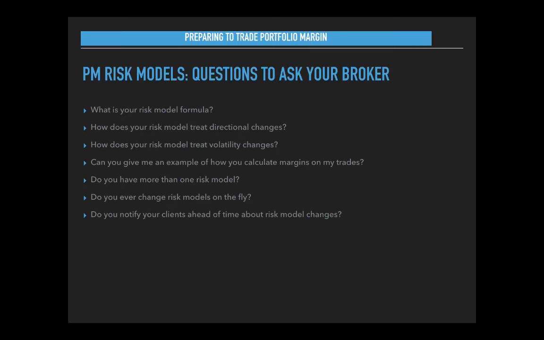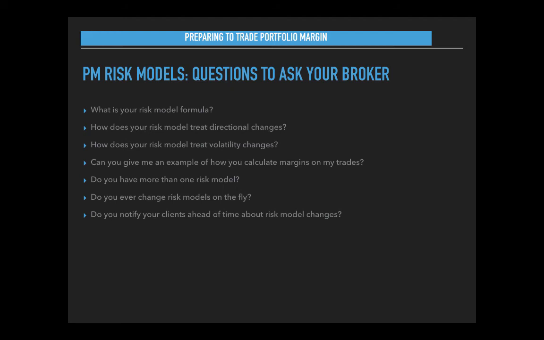You may ask your broker how the risk model treats directional changes, and how it treats volatility changes. Ask your broker to give you an example of how they're going to calculate margins on your trades. Ask them how they're going to calculate margins as you go into expiration as well.